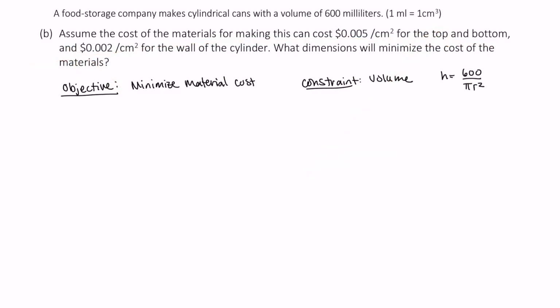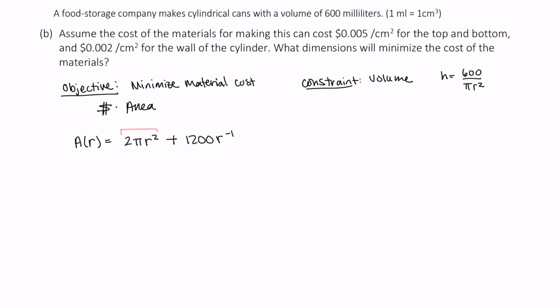So how can I express this objective as an equation? Well, the easiest way to think about it is money times area. And we know that the surface area of this cylinder, and again, we did this in the last problem, was given by the area as a function of radius as 2 pi r squared plus 1200 times r to the negative 1 power.